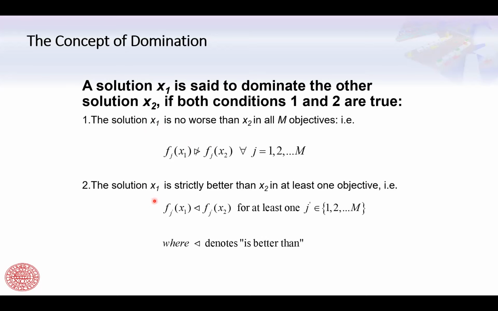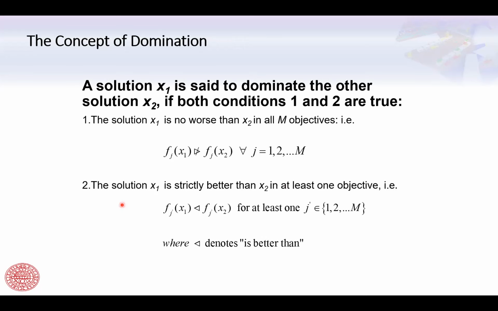But then how can we distinguish that x1 is better than x2 in terms of this domination? You find at least one of the objectives, among those m objectives, where x1 is strictly better than x2.